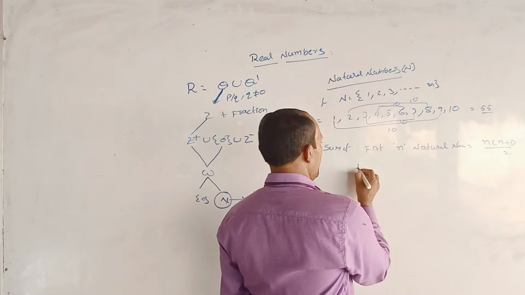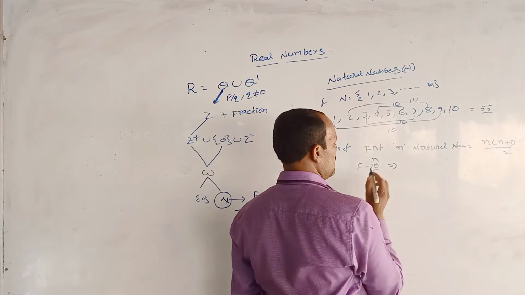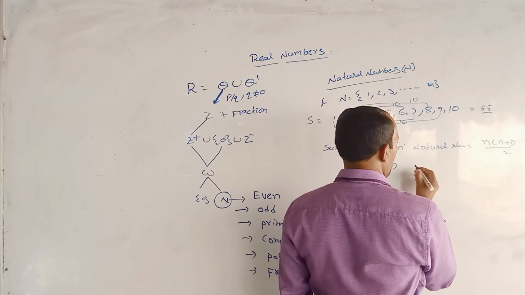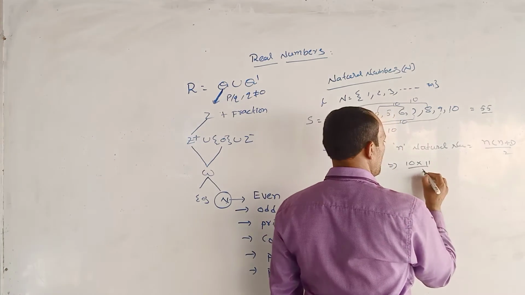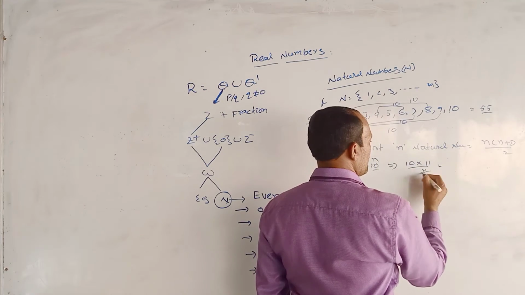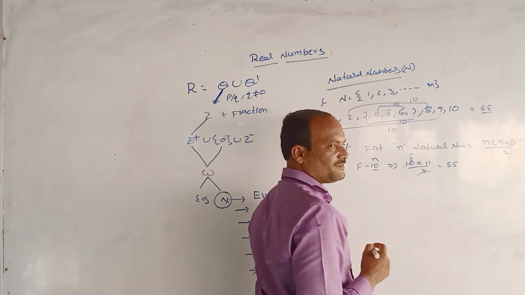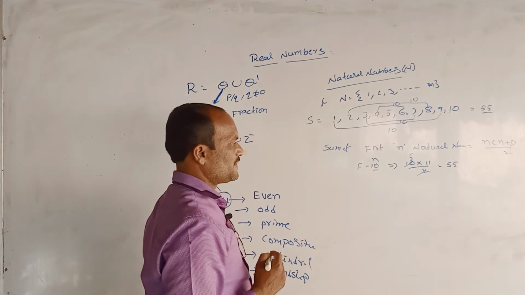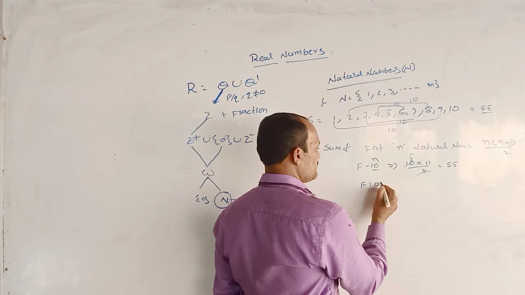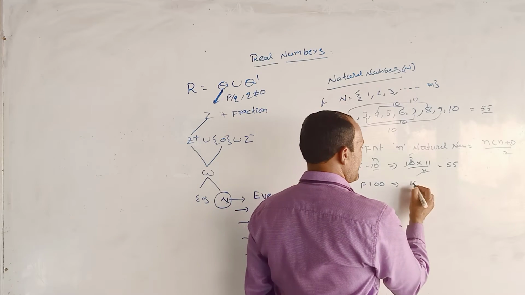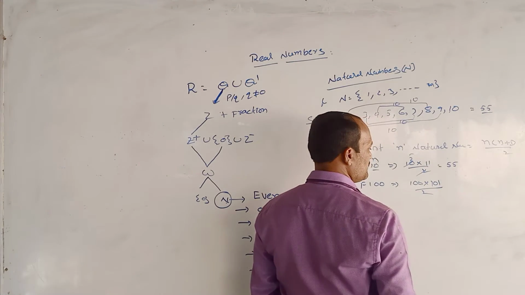For the first 10, n is 10. It implies 10 into 10 plus 1, 11, by 2. 5 times 11 is 55. This is a very easy process. Next, first 100. 100 into the next number 101 by 2.